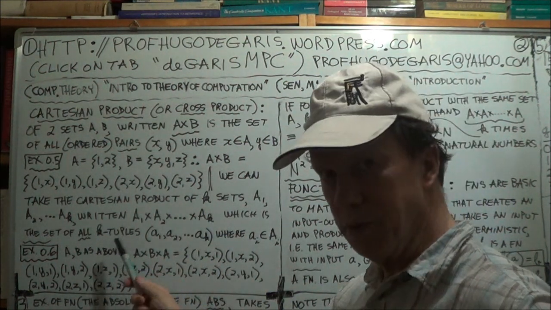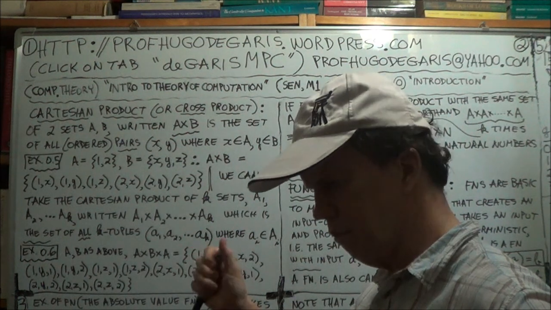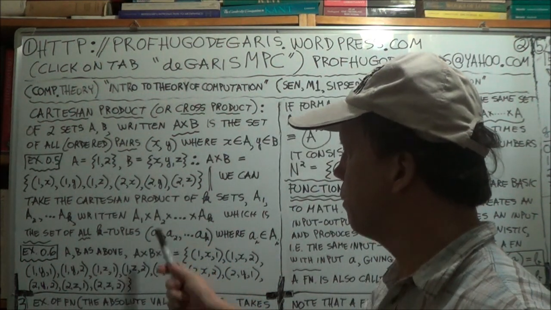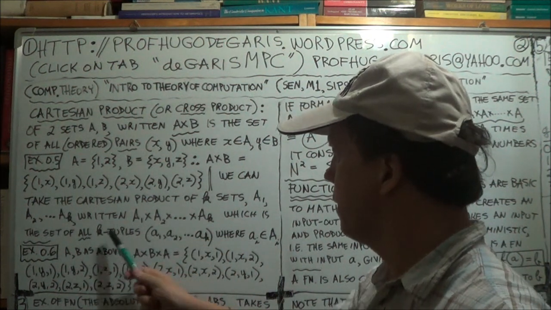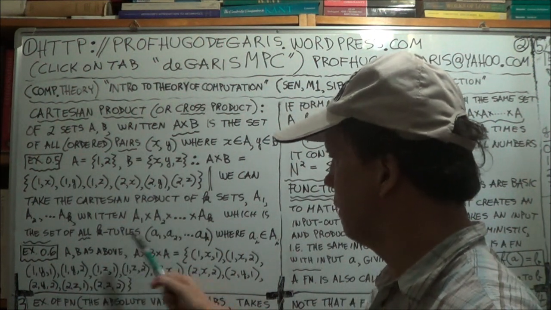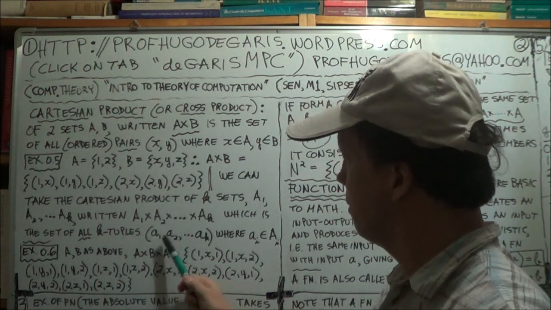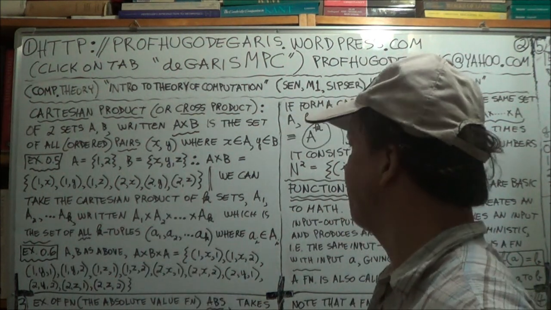Remember what a k tuple was? We did that 2 sessions ago on the previous board. A k tuple is just a list of elements, and there'll be k of them because it's a k tuple, right? So separated by commas.